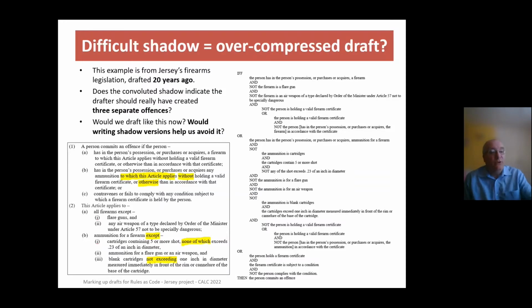And by the time you've worked all that through, you are in the logical version getting beyond the level of indenting that we would normally be happy with in drafting. So that seems to us to be an indication that this is possibly too compressed for a human reader, as well as very compressed for the machine to read.